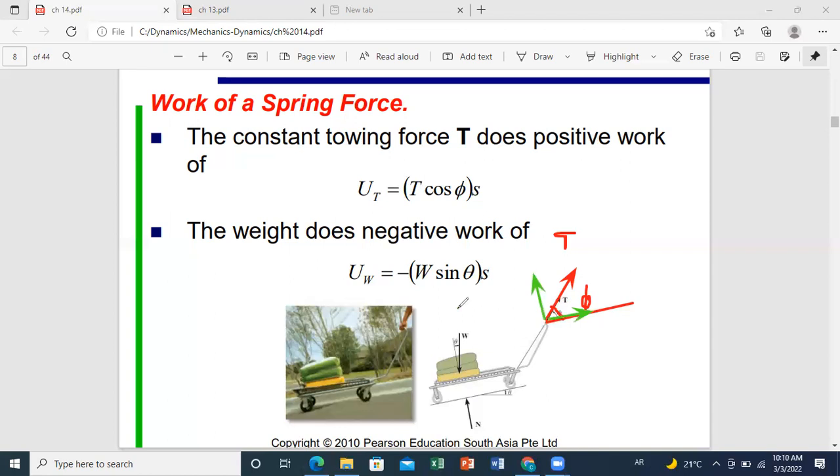So this is T sine phi, which will not produce any work, and this is the component along motion, T cosine phi, which will produce work. And then I can say because the projection of T on the direction of motion is along the positive direction, it's a positive work. And I have plus T cosine phi times S. Okay? Any question on this?